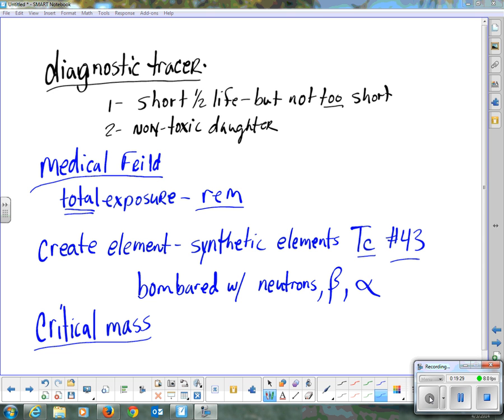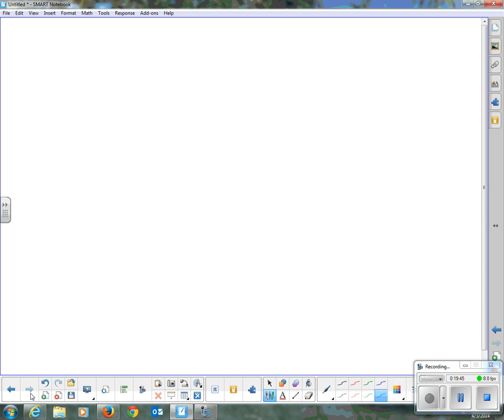So when I talk about critical mass, think of a self-sustaining radioactive reaction. When I talk about radioactive equations happening in the sun or the stars, those are fusion. So when you're talking about the sun or stars, we're talking about fusion.